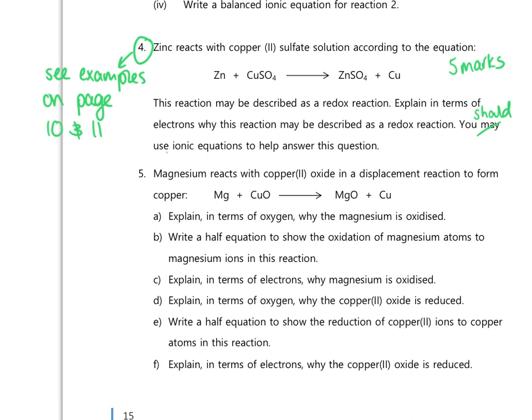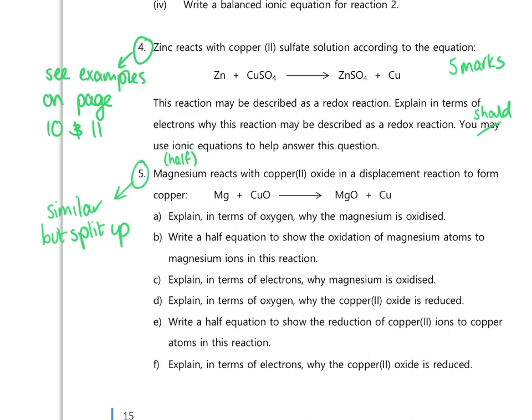And just to remind you that sometimes they use that word ionic when really they should use half equation. So remember, you're splitting it up into what's happening in terms of each of your metals. It's very similar for question 5, but it's just split up into different parts, so it'll be a little bit easier for you. So question 5 is similar, but just split up.